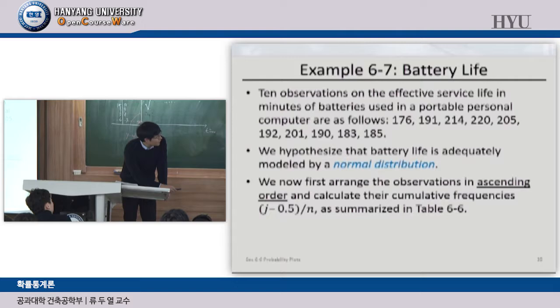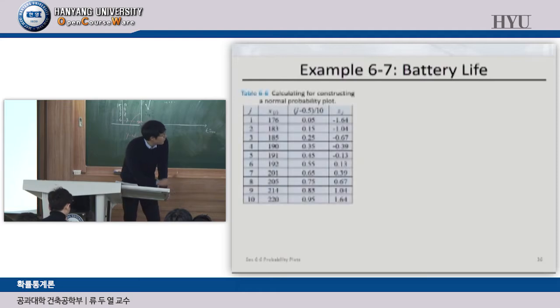Then we first arrange the observations in ascending order. This is the first step to construct the probability plot. Then we calculate their cumulative frequencies, (j minus 0.5) over n. And this calculation is summarized in the following table, 6-6 here.